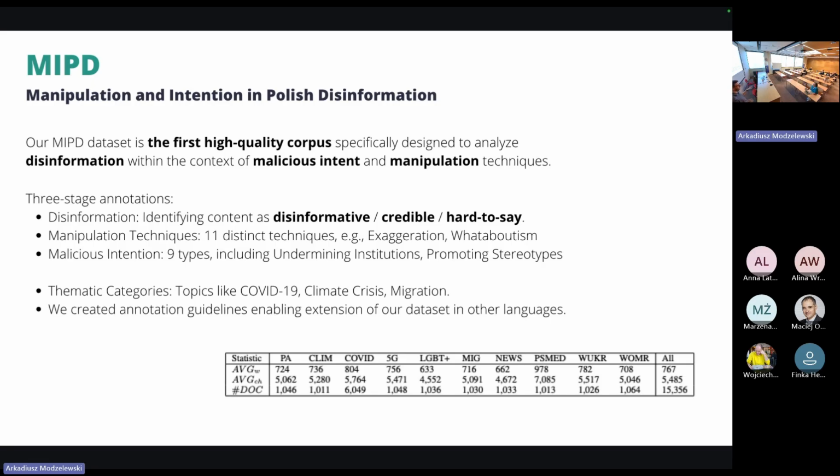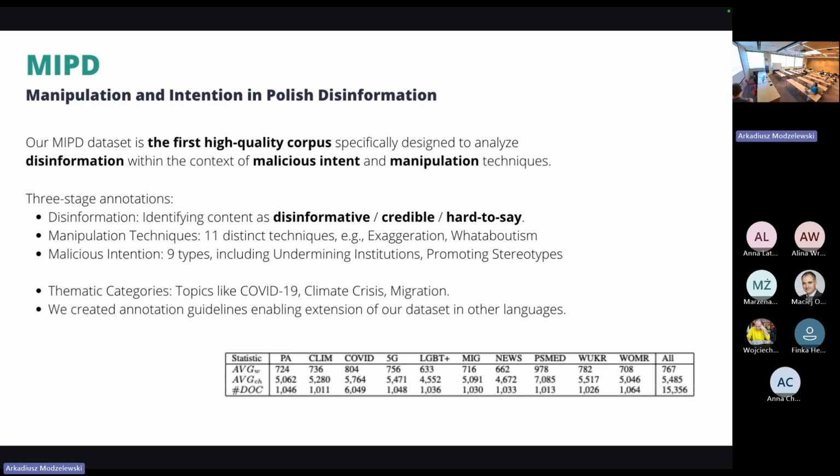So when independent annotators didn't agree on a final label, it was possible to annotate with the hard to say label, and these articles were excluded from the dataset, at least for the further experiments, but we published also the hard to say articles.